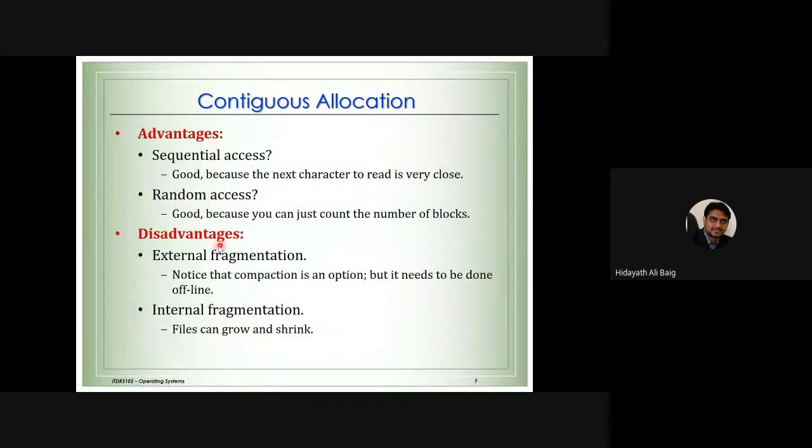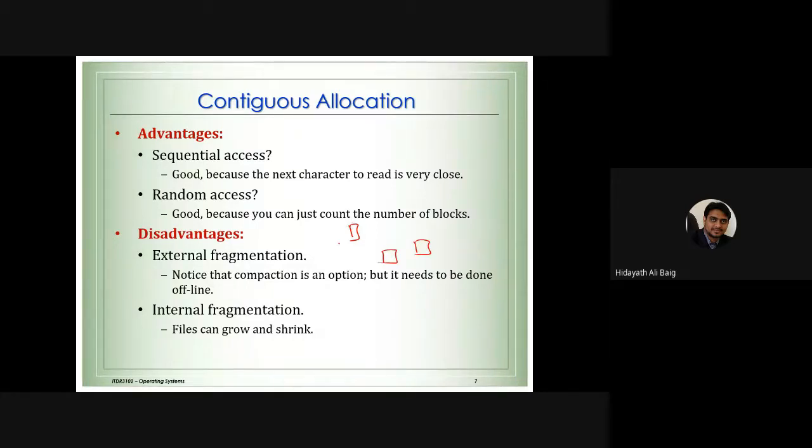Okay, what is the disadvantage? What are all the disadvantages here? External fragmentation. If you remember external fragmentation and internal fragmentation from the virtual memory lecture, I will revise you again. What is external fragmentation? Memory is available in different locations, but not in the same location, and we cannot use it.